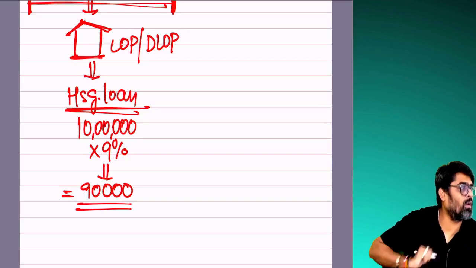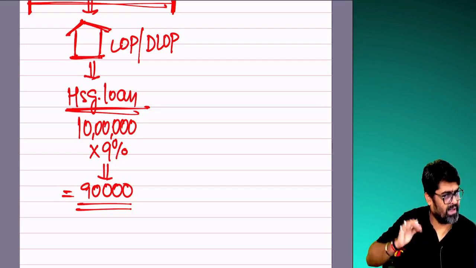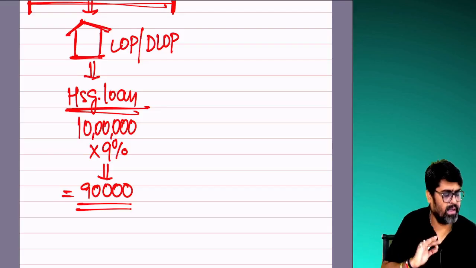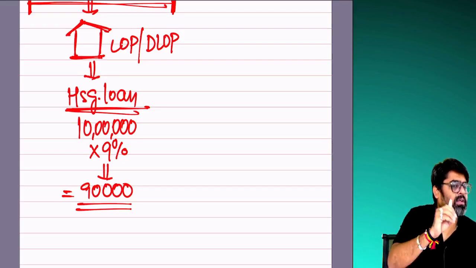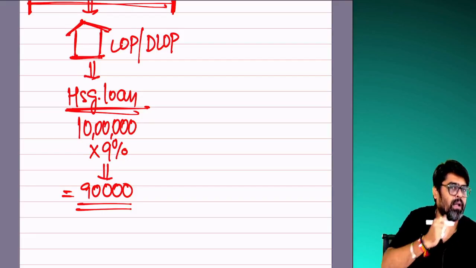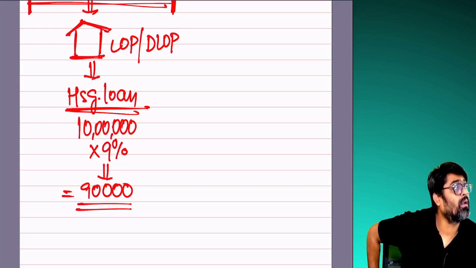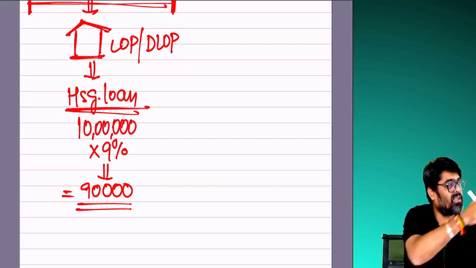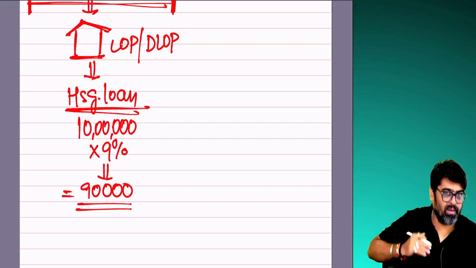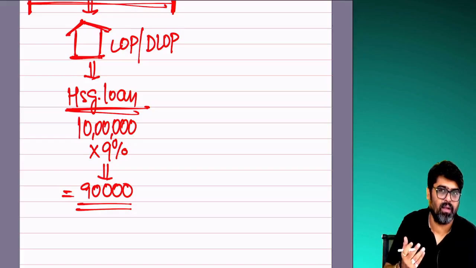What is the housing loan outstanding in April? Have you repaid any housing loan? No. So in April, how much interest will you pay? 9% on 10 lakhs, that is 90 into 1 by 12. That is the interest for April. Have you repaid any principal in May?